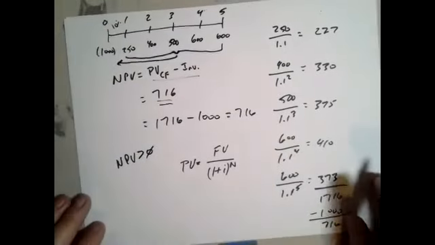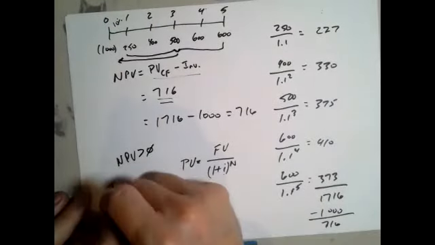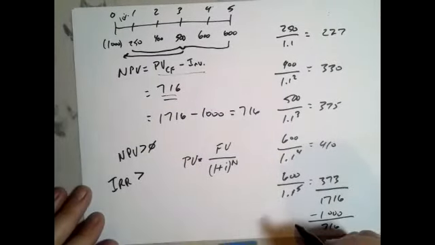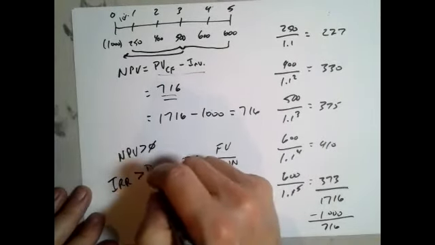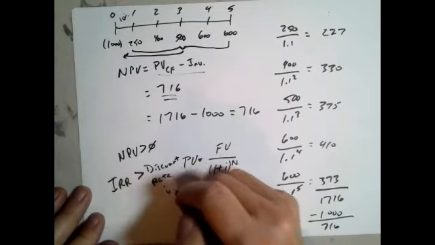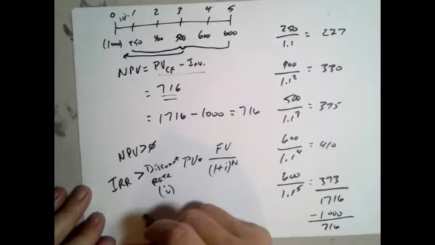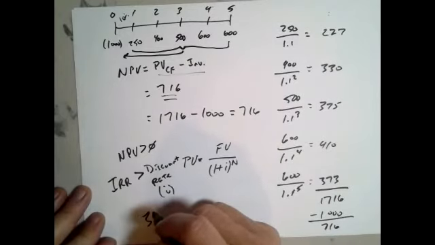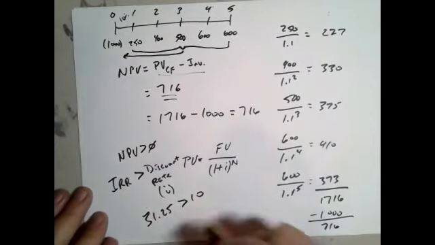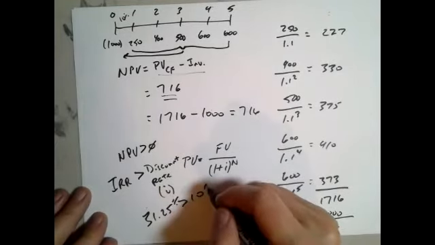The other investment rule uses the IRR. So if the IRR, the percent return that we just discussed, is greater than the discount rate, I, that we're using, right? In this case, 31.25 is greater than 10%. So yes, you should do the investment.